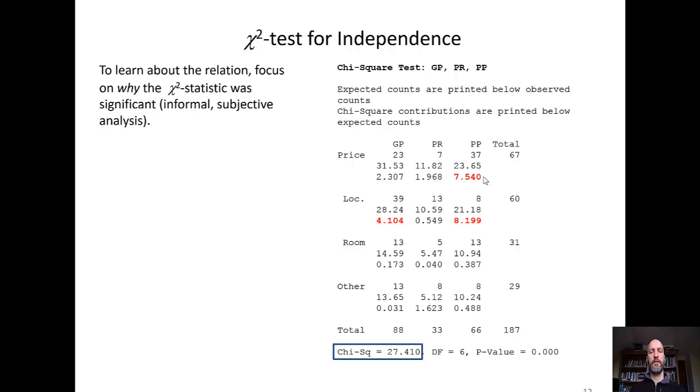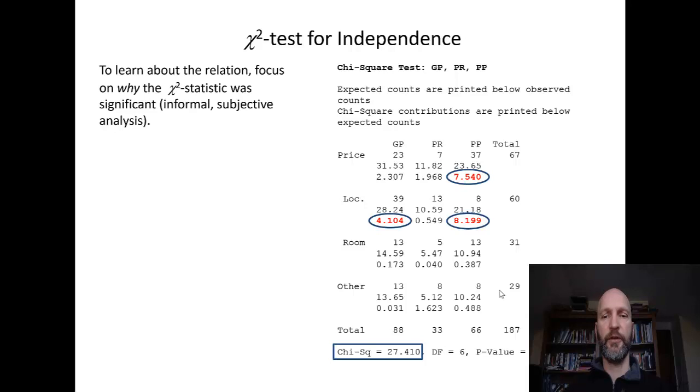That is the contribution that each cell makes to the overall chi-square statistic. So if we look for the biggest ones of these things, 7.54 for the Palm Princess and price, 8.199 for Palm Princess and location, and 4.1 for the Golden Palm and location. We see that those things add up to almost 20, which is most of the chi-square statistic.